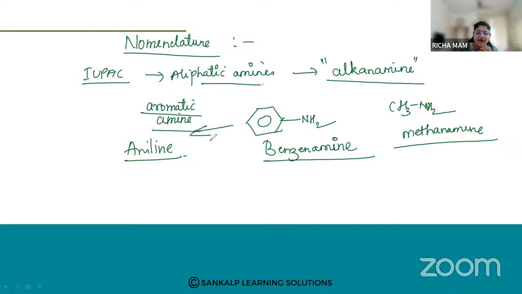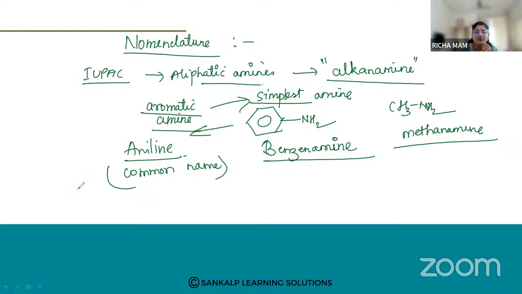The simplest aromatic amine is commonly called aniline, and the IUPAC name is benzenamine.